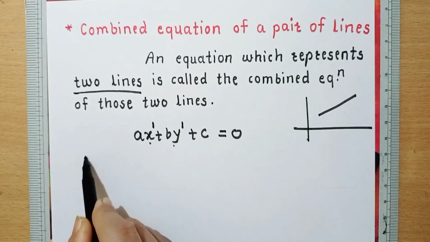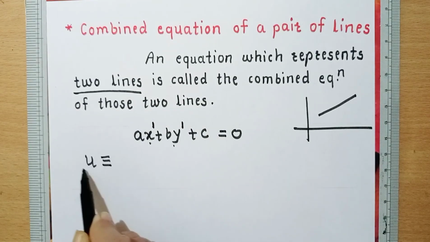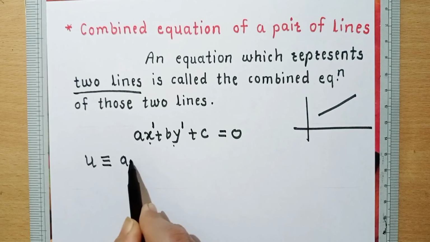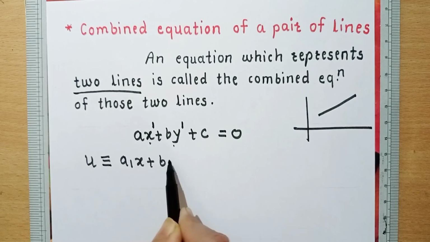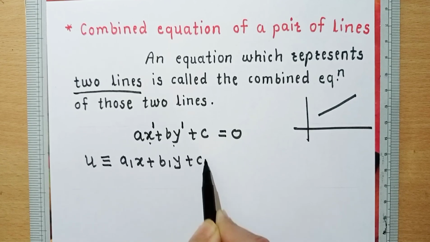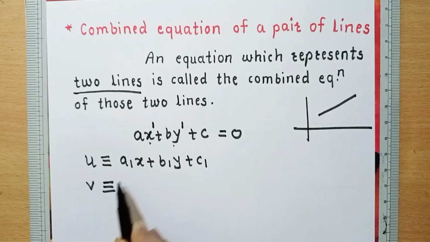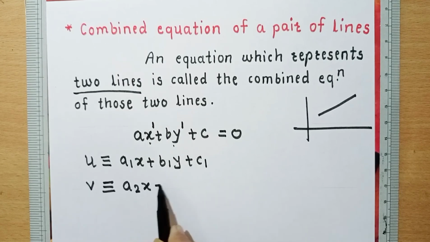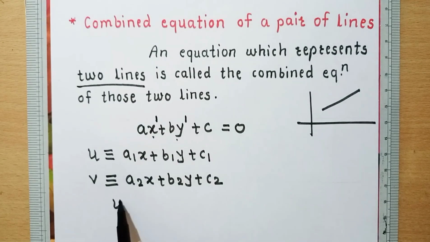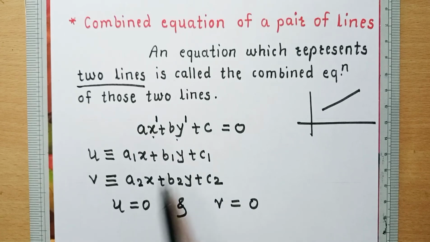So let's consider the first expression u equal to a1x plus b1y plus c1, and v equal to, now change the constants, a2x plus b2y plus c2. Then u equal to 0 and v equal to 0 are straight lines.